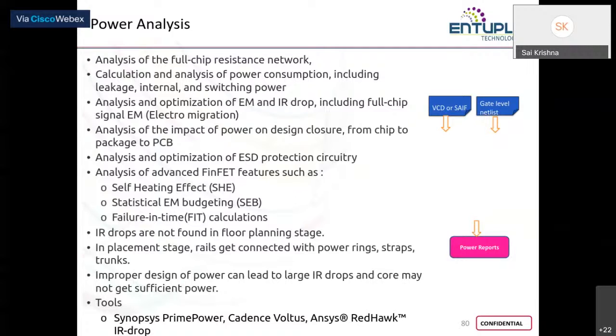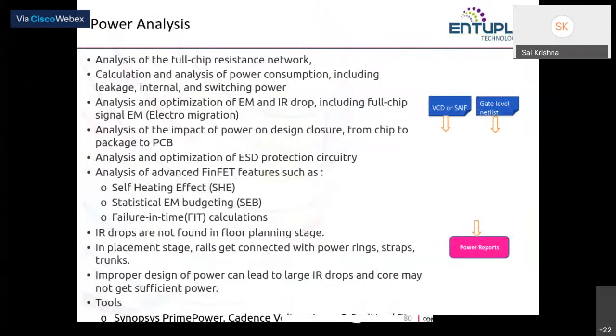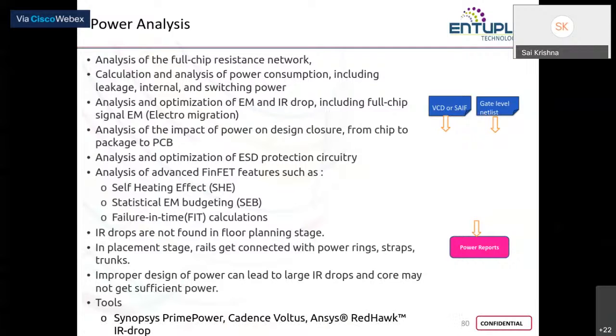Okay, so today we are going to discuss IR drops, electromigration, and chip closure. The Cadence tool that we use for power analysis is Cadence Voltus, which is one of the industry standard tools after ANSYS RedHawk.